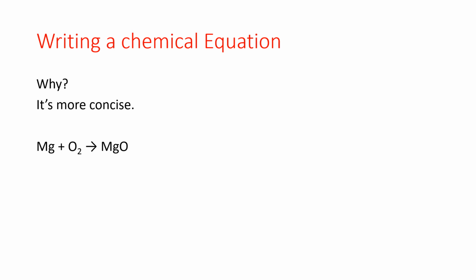Now, for example, the same experiment that we have seen before, magnesium burning in air. Here, magnesium combines with oxygen to give magnesium oxide. So can you see this O2 here? What does this 2 represent?